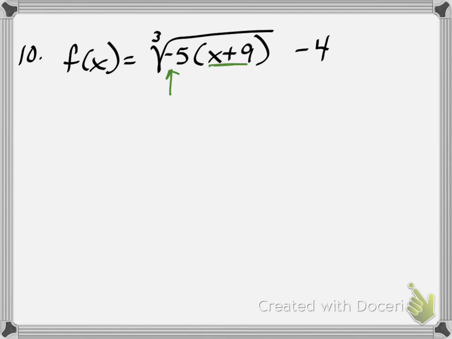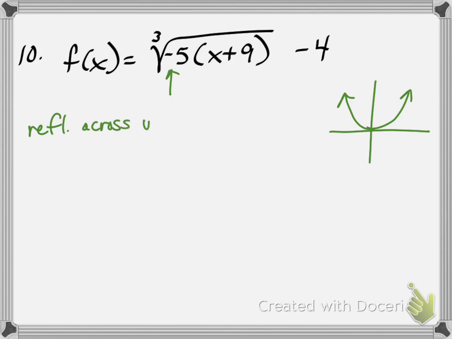X is here and it's not in there. But we're inside the parent function. We're inside this cube root. We're not out here. So it is inside with the x. If it's inside with the x, it's a horizontal reflection. And if you reflect horizontally, you're reflecting across the y-axis.